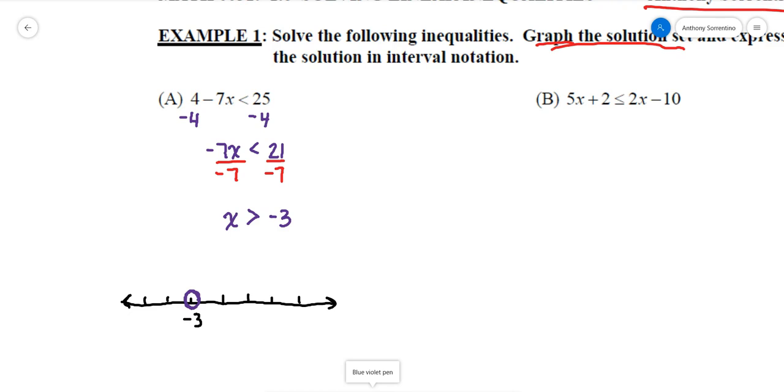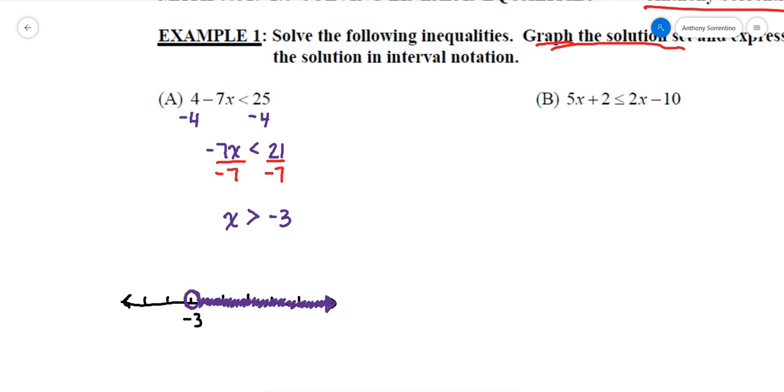Equaling 25 is not being less than 25. So now I want it to be greater than negative 3, so I would shade everything to the right. And that would be the solution graphed on a number line.